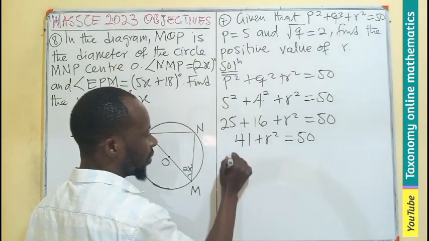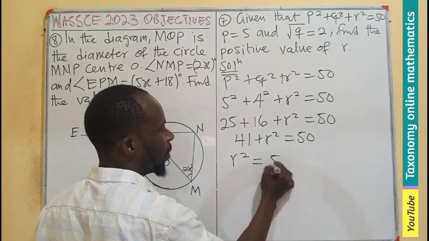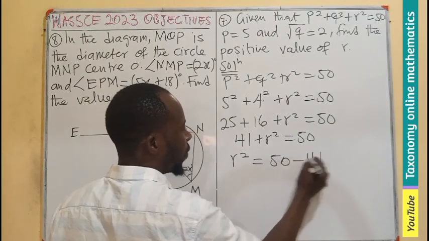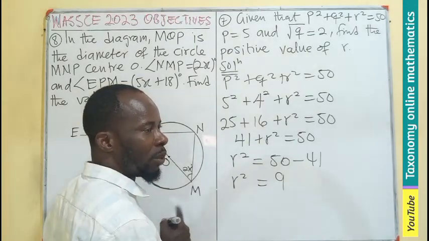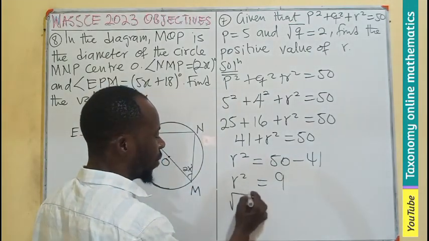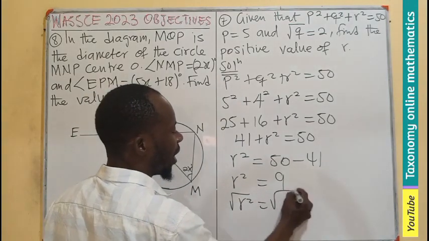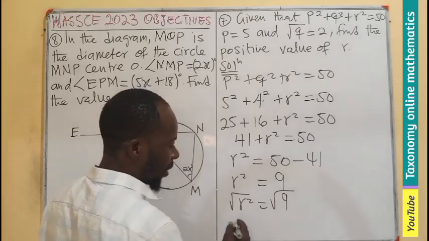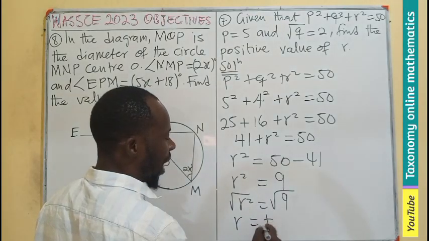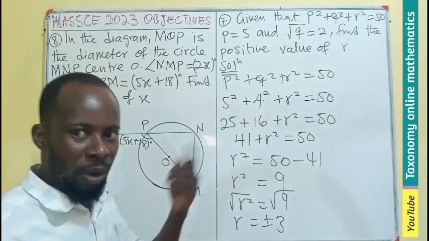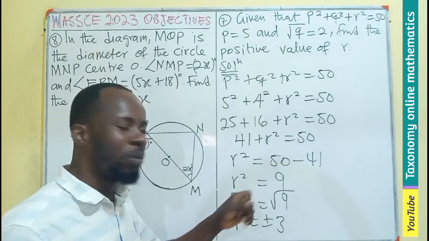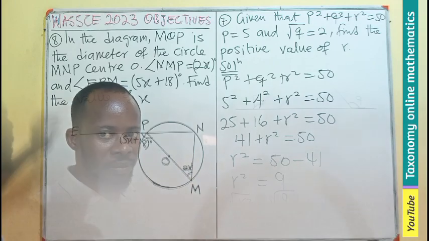Grouping like terms, your r squared will now become 50 minus 29, which will be 21. We look for r, so we find the root of r squared and the root of 9, which will be r equals plus or minus what? 3. But the question is looking for only the positive value. So r is going to be 3 as positive.